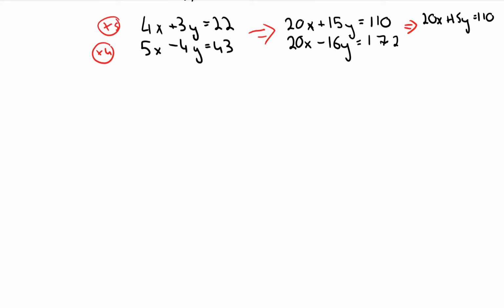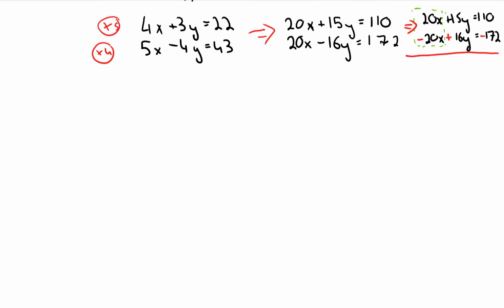On the bottom line, I'm going to change that to a minus 20x, this will change to a plus 16y, and that will change to a minus 172. Now I have my positive and negative pair. There they are. So I can add vertically.